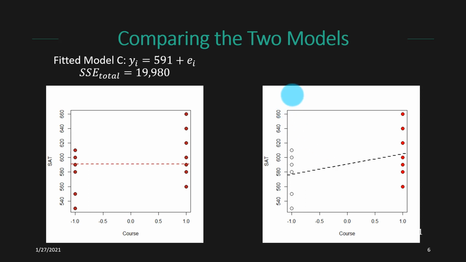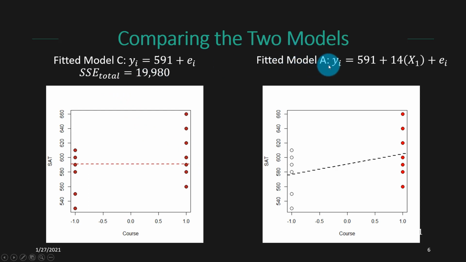But again, let's just visually compare these two models. We have our null model where we're predicting y, and we assume that the true relationship between x and y is 0. So in that model, we're saying there's a flat line, and that's our prediction for everyone. If we take all of the deviations away from that flat line, the sum of squared errors total is 19,980.